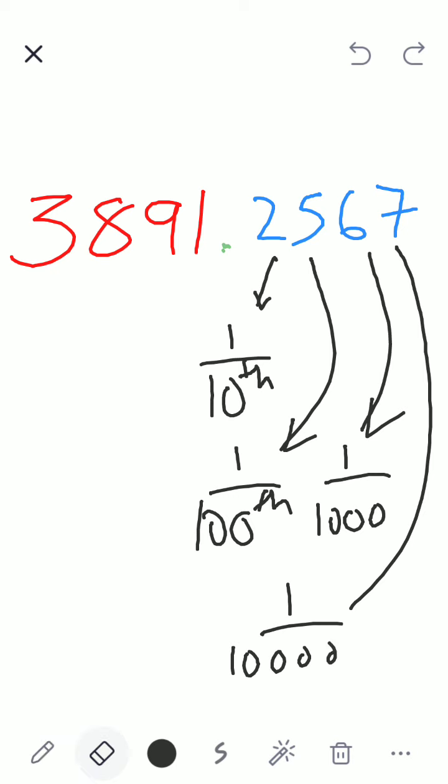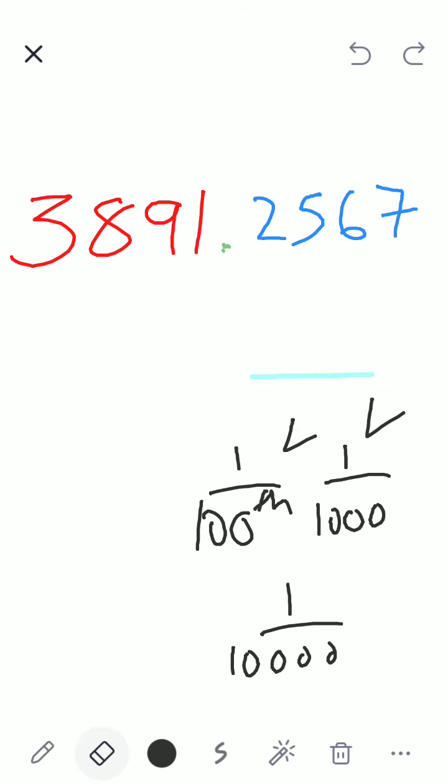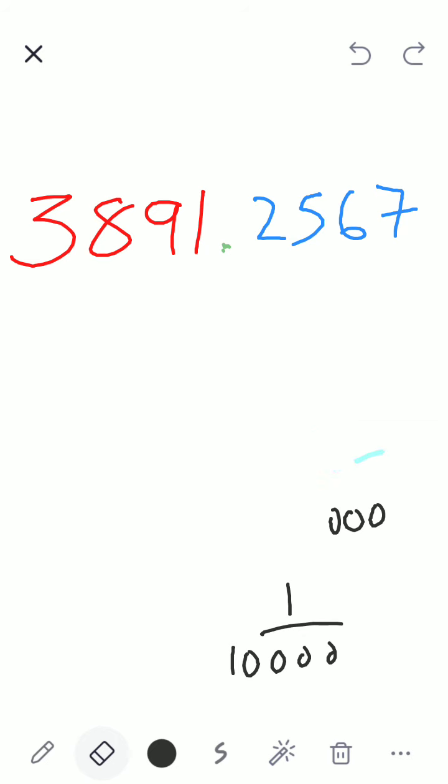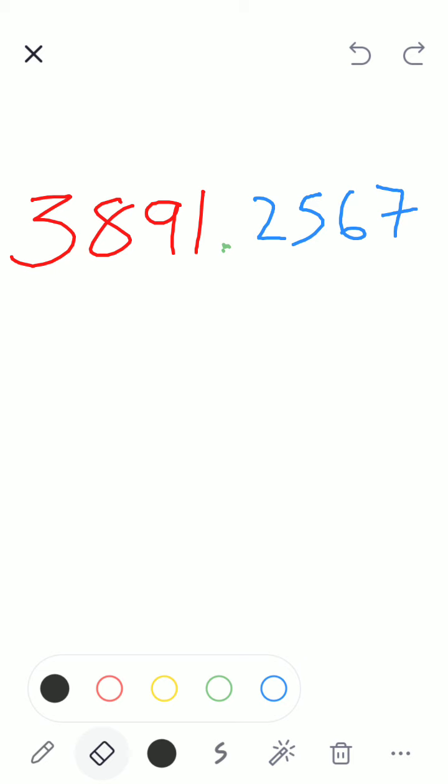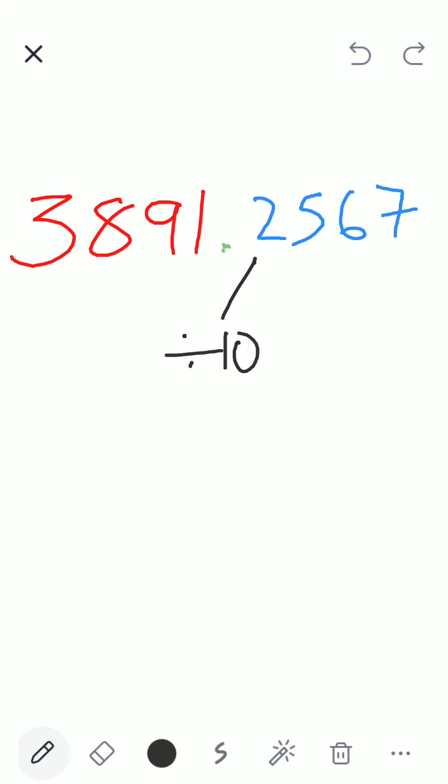What are we doing here? Understand, children, very clearly understand. Now understand the concept. First time, to get this 2, I divided by 10. Correct?